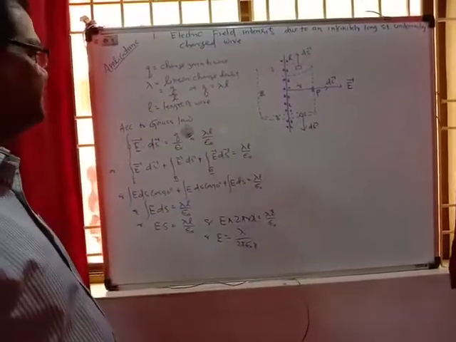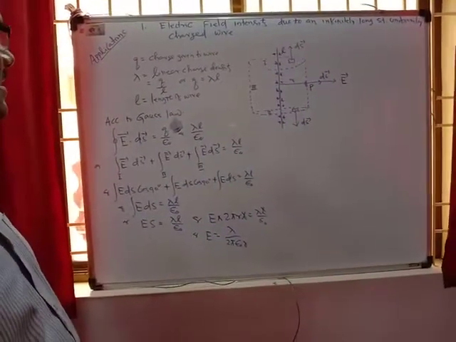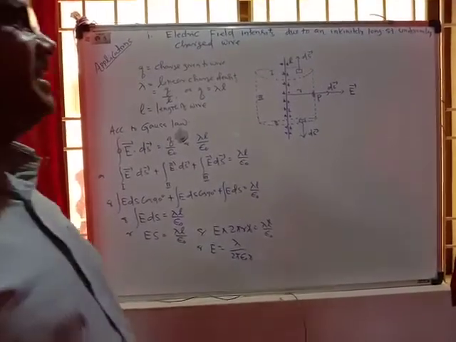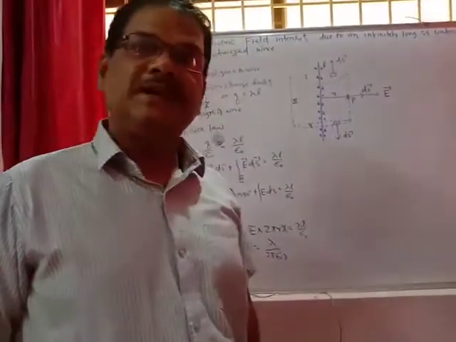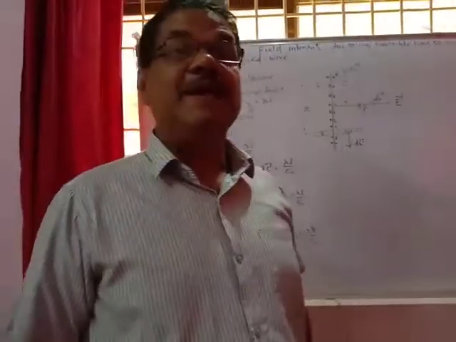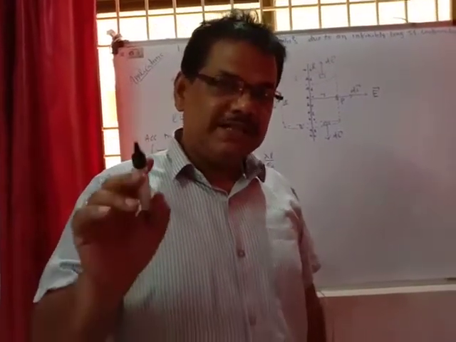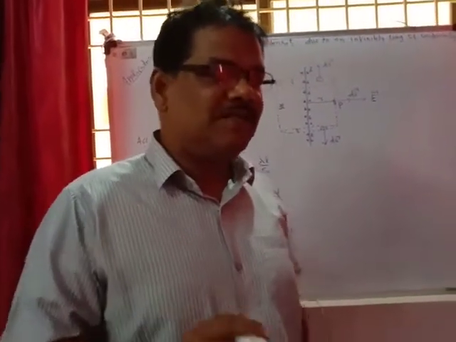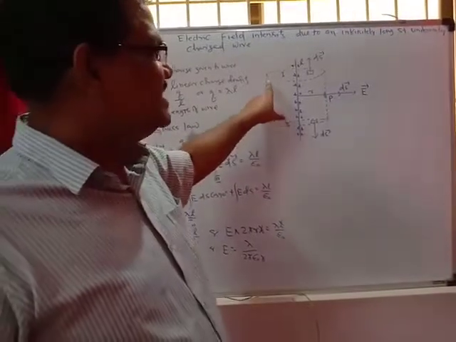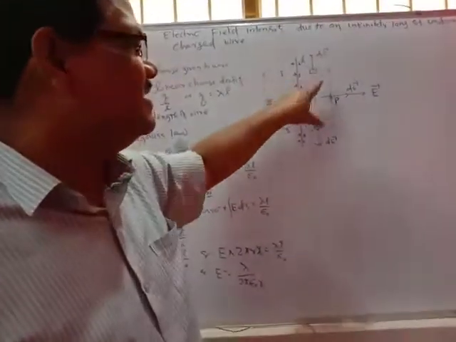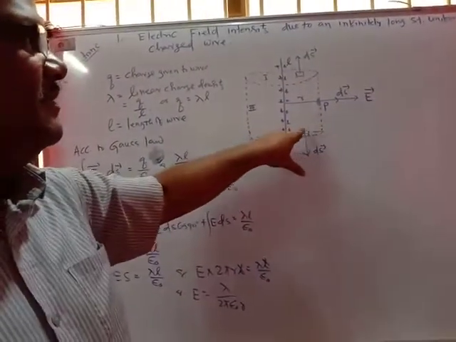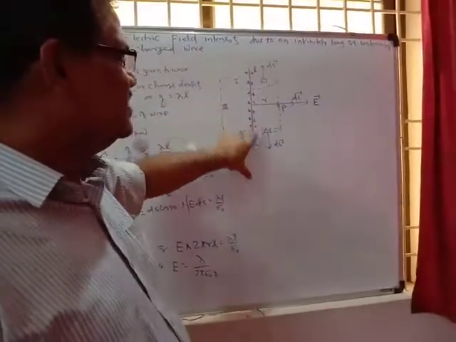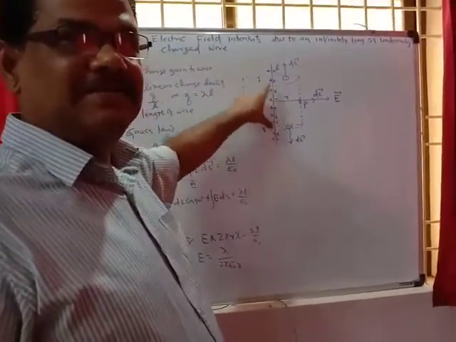Before applying Gauss's law, we will search for the enclosing surface. Here in this case, what will be the enclosing surface? The closed surface must be cylindrical, like that. The cylindrical closed surface is enclosing the charged conductor.